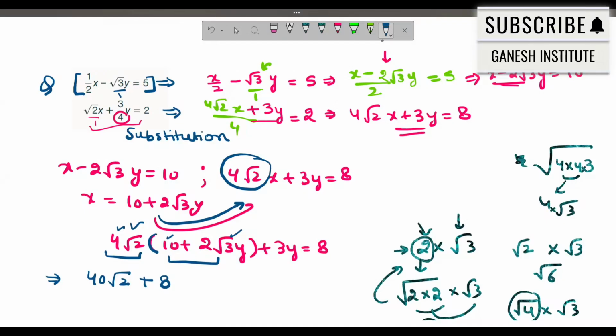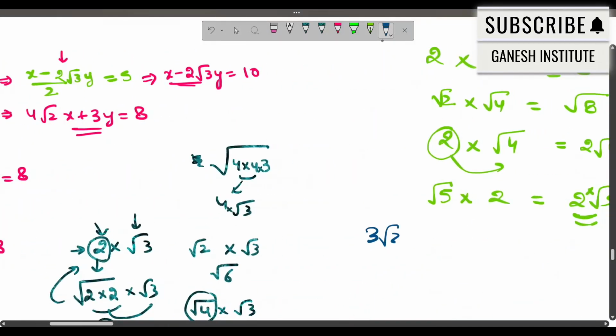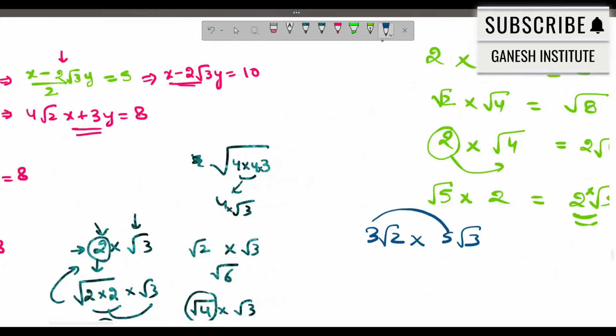So if you multiply, 8y. No, 8, hold on, and wouldn't it just be 3y? If I have 3 root 2 and 5 root 3, I'll do 3 fives are 15 and root 2 and root 3, root 6. Okay?